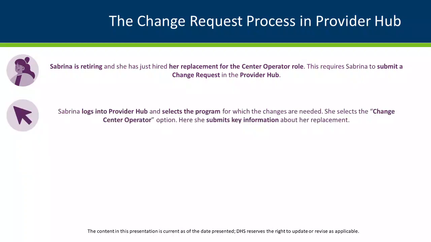Sabrina logs into the Provider Hub and selects the program for which the changes are needed. She selects the Change Center Operator option. Here she submits key information about her replacement.